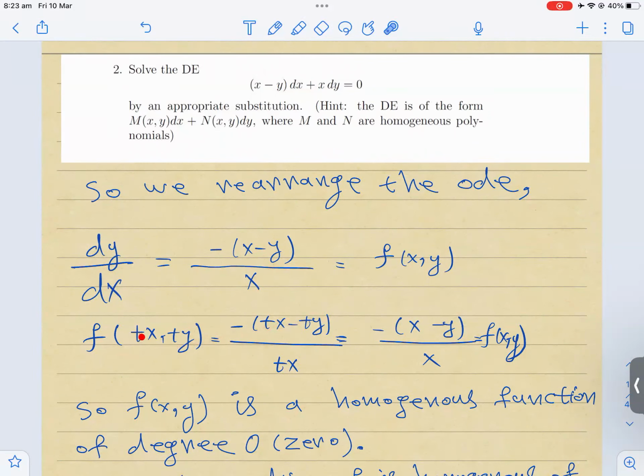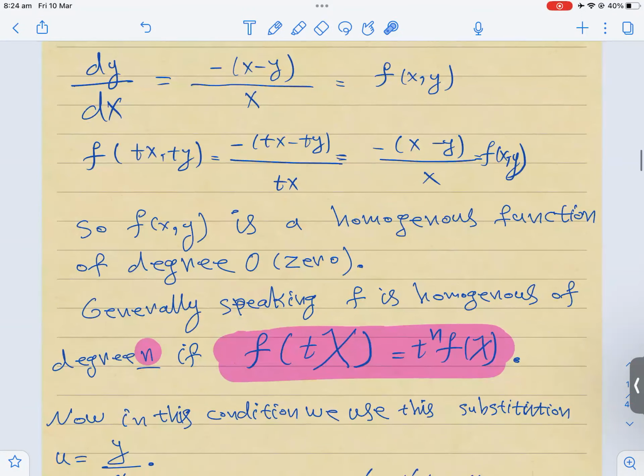Homogeneous means if I substitute x and y by lambda x or tx, then after substituting, I'm able to pull out t outside and do some simplification, and there is no t here, so I get again the same f. So putting tx, ty doesn't make any difference. Anyway, f is homogeneous. This means f is homogeneous of degree 0.